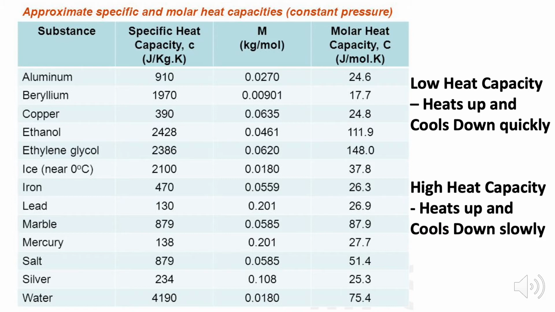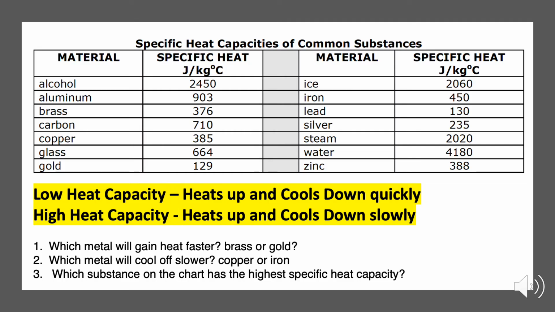So let's look at a few examples. Here's another chart of heat capacities for different materials. Number 1 says, which metal will gain heat faster, brass or gold? Take a second to identify those on the chart and find the number for them. So brass is 376, and gold is 129.